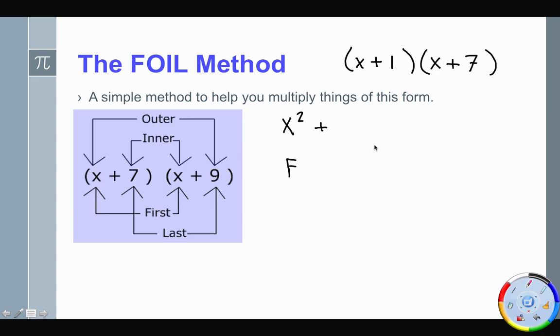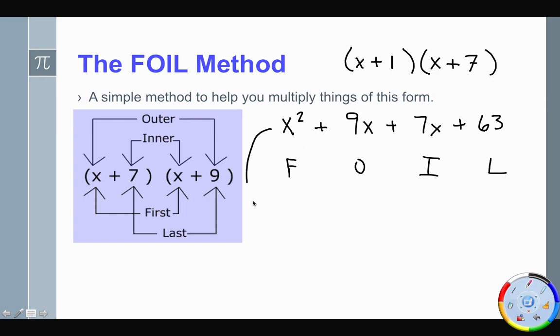Because it's positive 9 times positive x, so it's 9x. That's my outer. My inner is going to be 7 times x, and again, it's positive as well. And that's my inner. And my last is going to be 7 times 9, and my 7 times 9 is 63. And again, they're both positive, so my answer is positive, and that would be L.